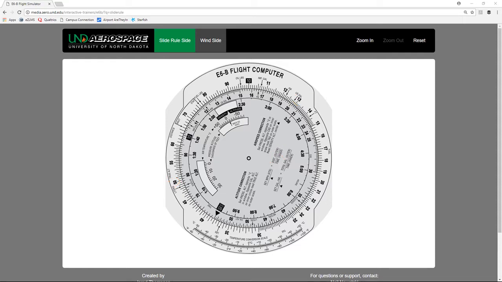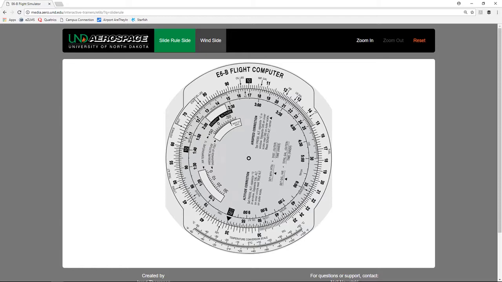According to the instructions on the E6B, we need to set our rate index to align with the speed on the A scale. Instead of using the 60 index, which we used in traditional time, speed, and distance problems, we will use the second index, or the 36 index, which is right here. You can see there's a small arrow with the name seconds next to it.